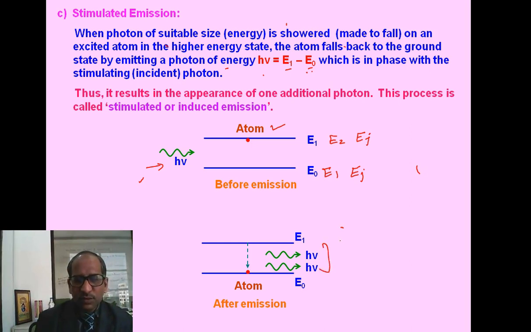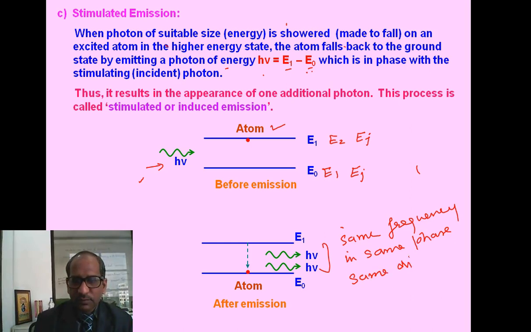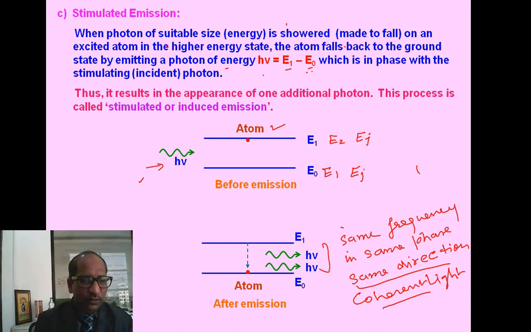So now these photons have the same frequency and the same phase. So obviously they will move in the same direction, and this is known as coherent light. So in a laser, you know that we require a coherent source.